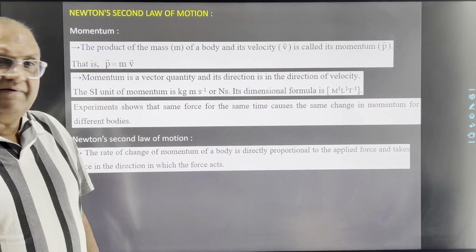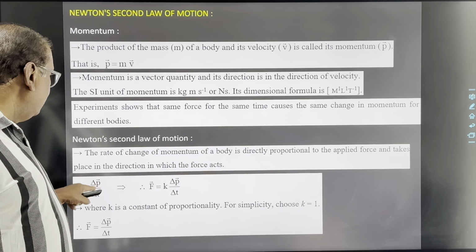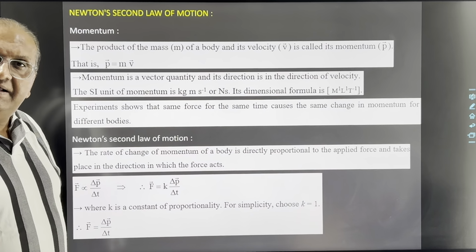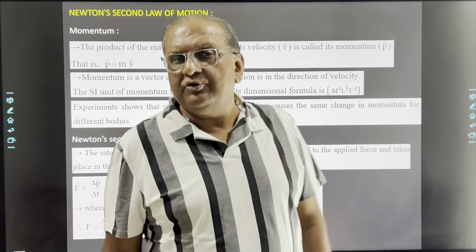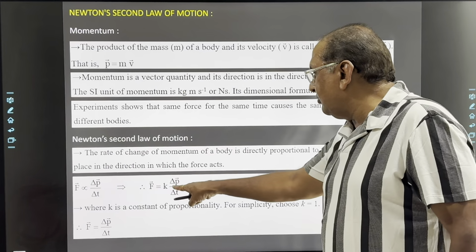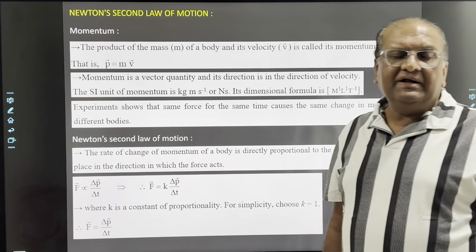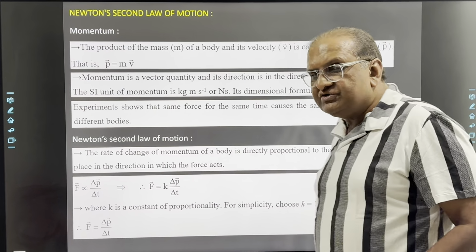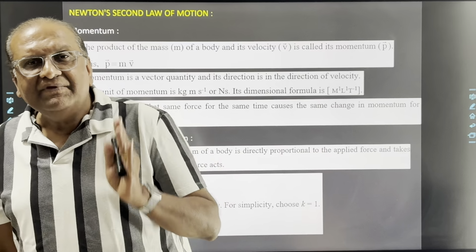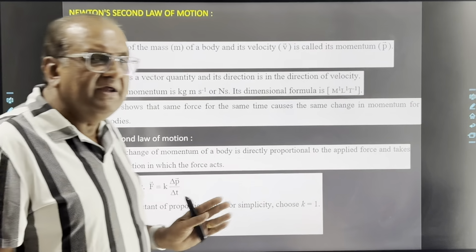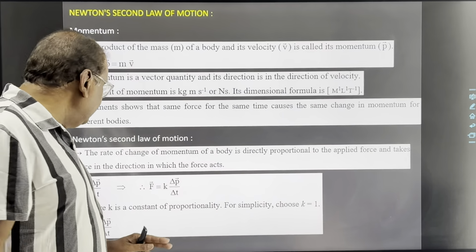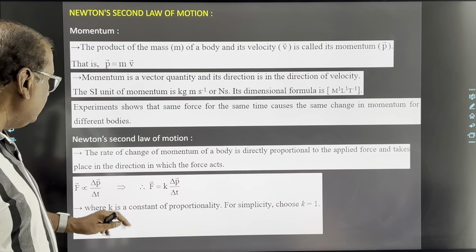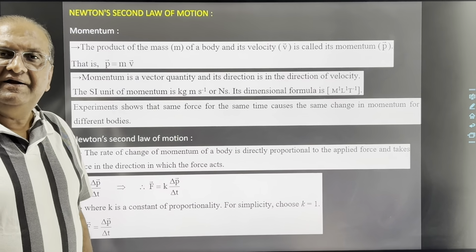So we can write F proportional to delta P by delta T. Here we introduce the proportionality constant k, but this constant of proportionality we choose k equal to 1. So simply we can write Newton's second law of motion, F equal to delta P by delta T.